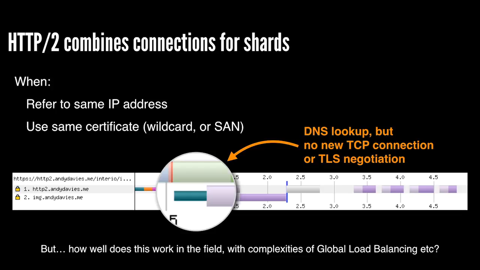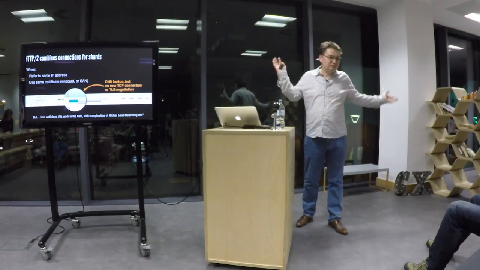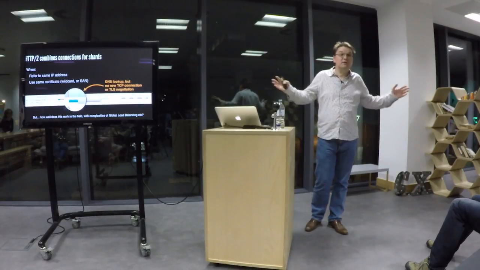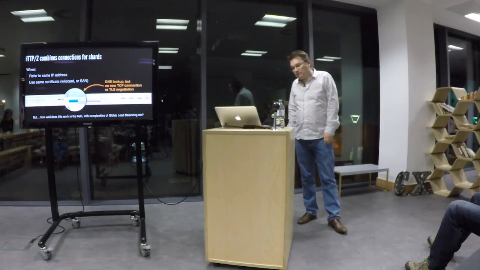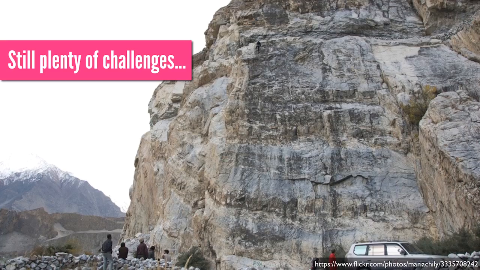And what we see on the second connection is we've done a DNS lookup to resolve the name, but we haven't made a new connection. It's reused the existing connection. There are some challenges in practice, because things like global load balancing, which large sites use, mean that people don't go to the same IP address, so it may not always work.